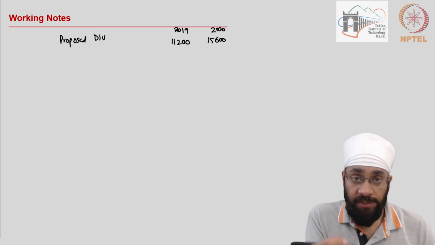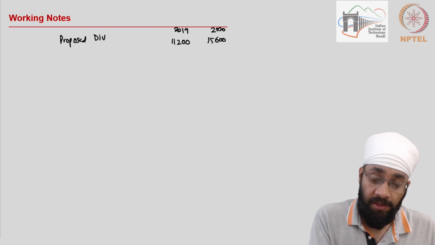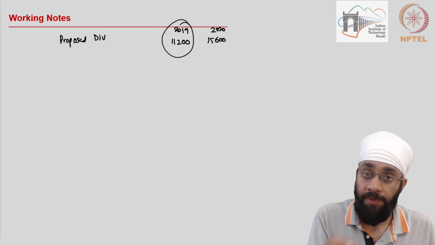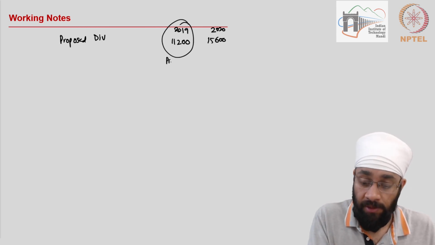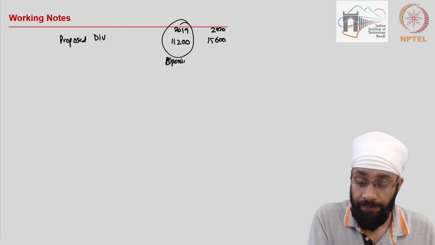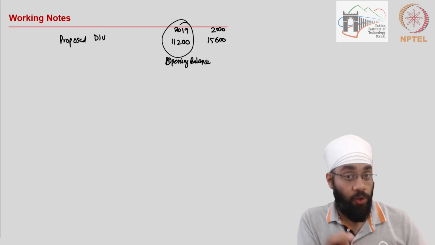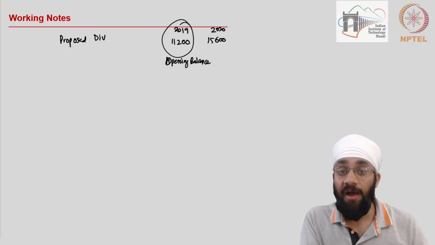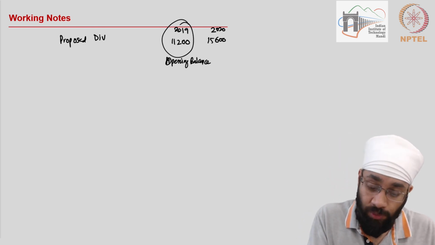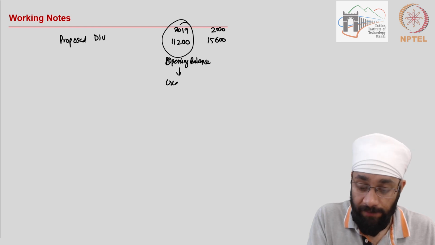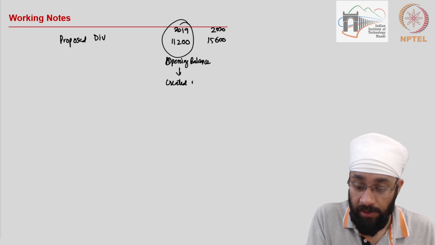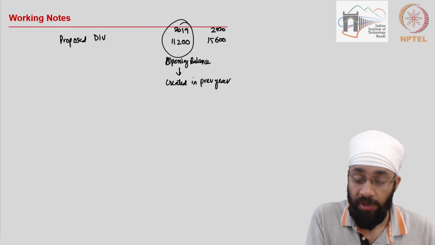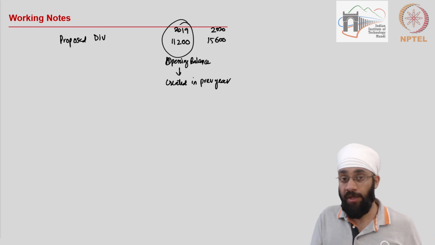So the assumption we are going to make is that the balance of the previous year is the opening balance. Since this is the opening balance, this provision was created last year, in the previous year.